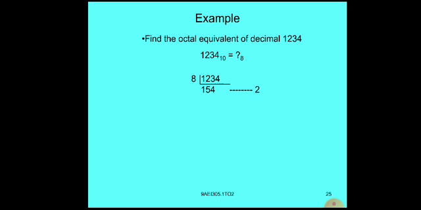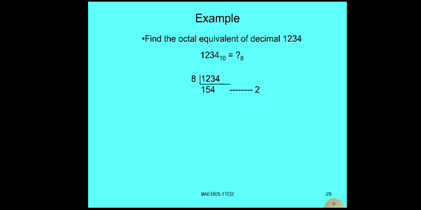So that 4 with the adjacent 3, it will be 43. 8 fives are 40. So what is the remainder? 3. Adjacent number 4. So 34. So 8 fours are 32. So how much remainder is there finally? 2 is the remainder. You write the 2 remainder at the right side.